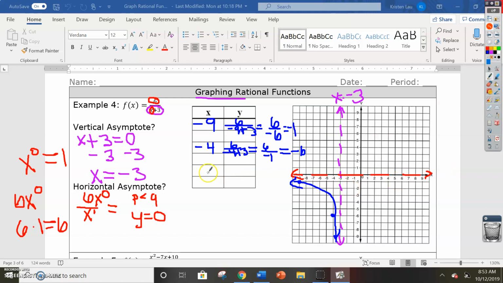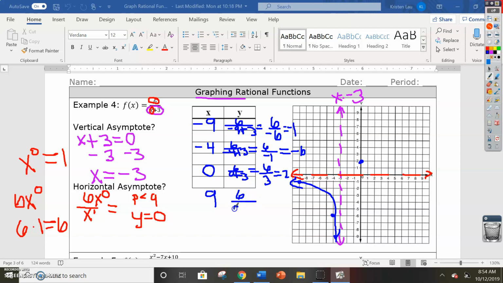So I'm going to find my y-intercept, so I'm going to set x equal to 0. So I have 6 over 0 plus 3. So that's 6 over 3, which is 2. And then I'm going to pick one more, and then I'm just going to randomly pick 9.